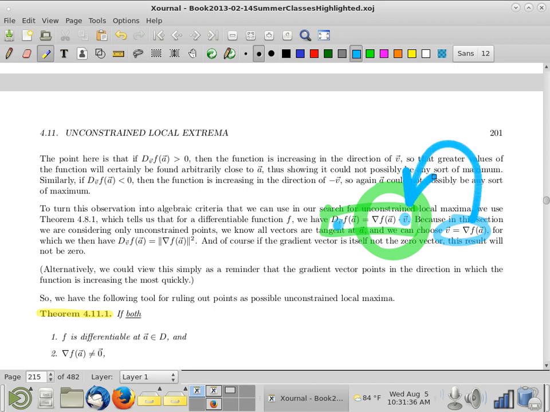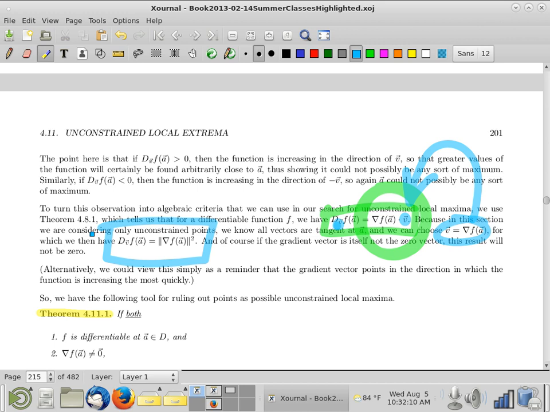If the gradient vector is the vector v, then your directional derivative is just the magnitude squared, and except in the rare instance where the gradient vector is equal to the zero vector, this is non-zero most of the time. So for most points A, with that choice of vector v, this directional derivative is non-zero, therefore A can't be a maximum, and we've now successfully eliminated the vast majority of the points in our domain.